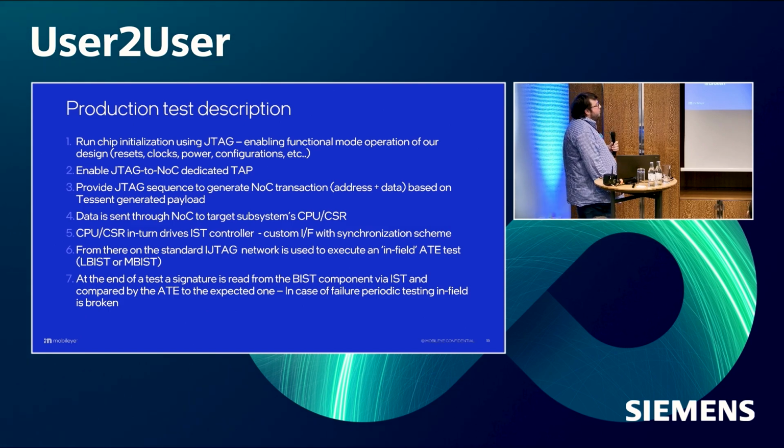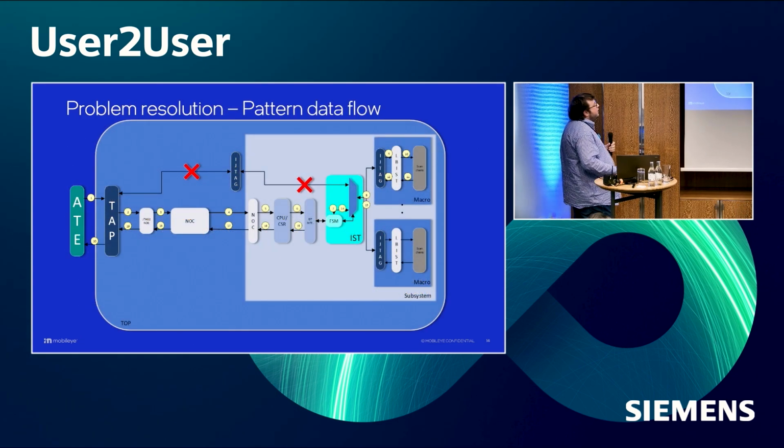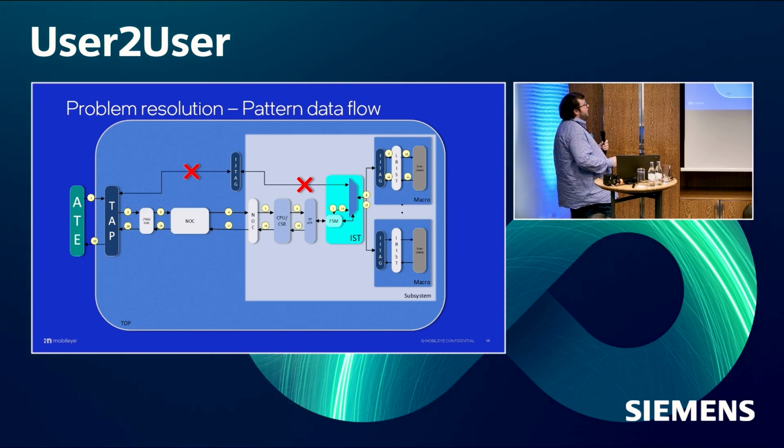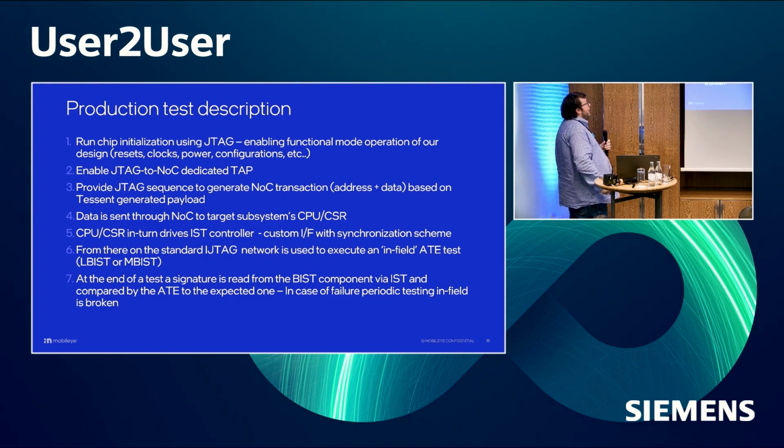We put a special custom interface in front of the IST controller, just to make sure that the clock synchronization and the data latching between the CPU and the IST controller is done correctly, and we have high confidence in it.